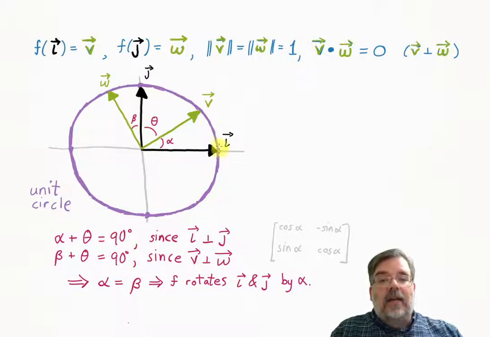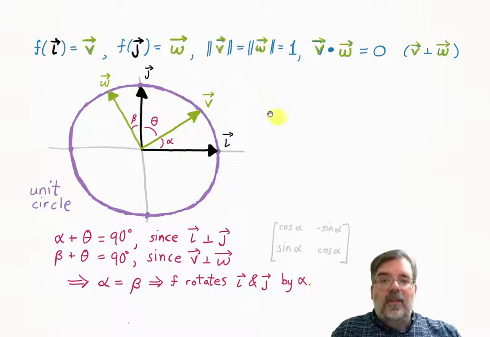i rotates into the position v. It doesn't change the length, and it rotates by this angle, but the same thing happens to j. j is rotated by the same angle. The vectors aren't stretched or shrunk. The only change, this transformation, is rotation by this angle.